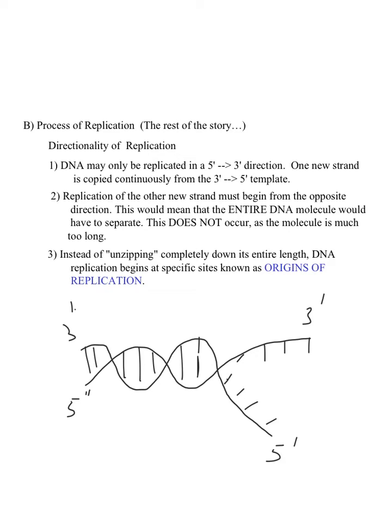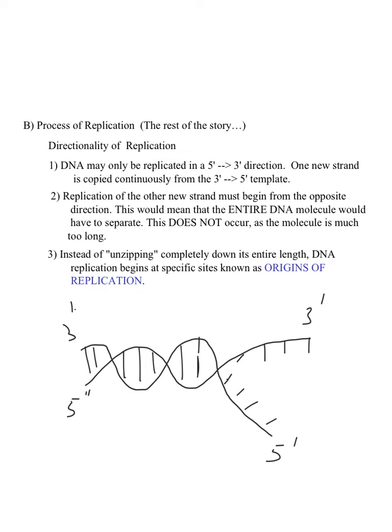Replication of the other strand has to go in the opposite direction. Now normally that would mean that the entire DNA molecule would have to separate all at once, and this just doesn't happen because the molecule is much too long and it's sticky, it's going to get all gummed up, and it is just not going to work.